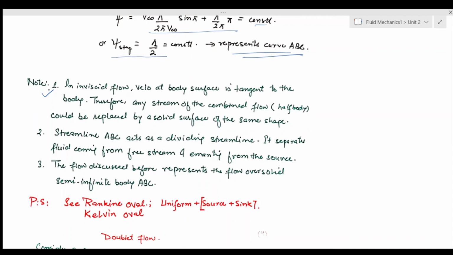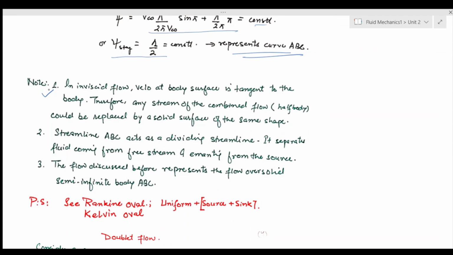In real flow, due to the no slip body condition, at the surface we would have zero velocity or zero relative velocity. But for an inviscid flow, it's a different case. For an inviscid flow, the velocity at the body surface is tangent to the body.